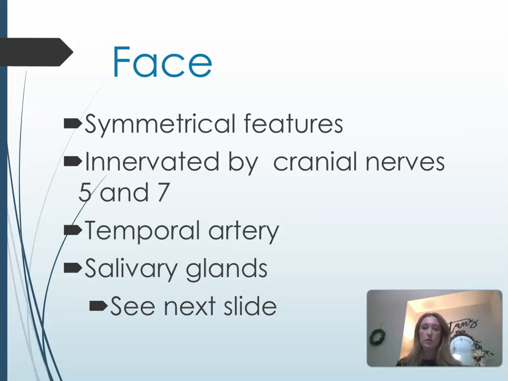So we want to make sure we can recognize signs and symptoms of that. The face is innervated by the cranial nerves 5 and 7. We also have our temporal artery that's located right here on either side. And then we have salivary glands that we're going to be looking at as well, and we will talk about these soon.